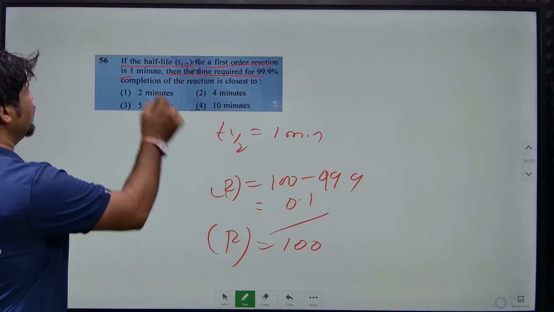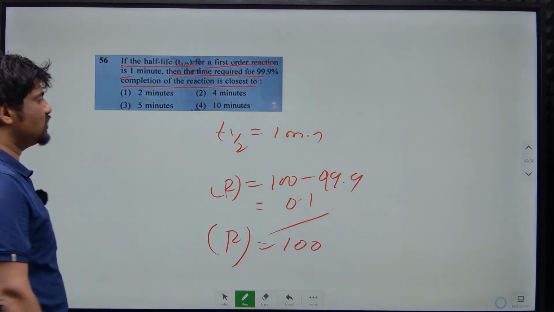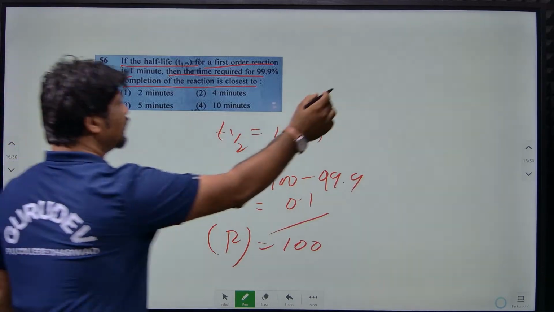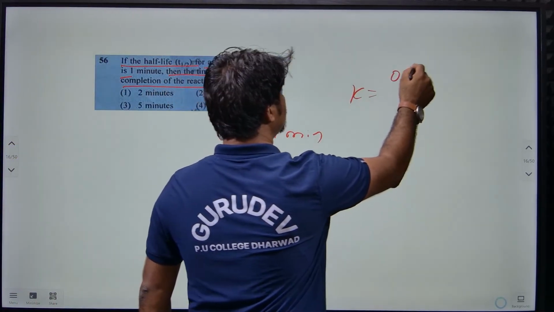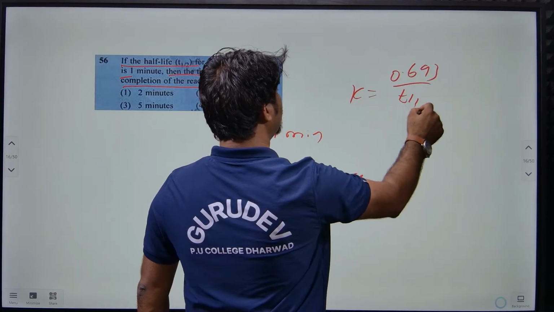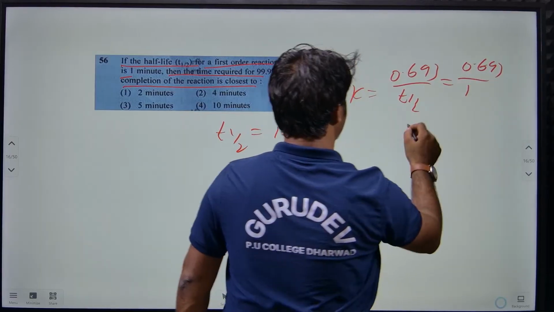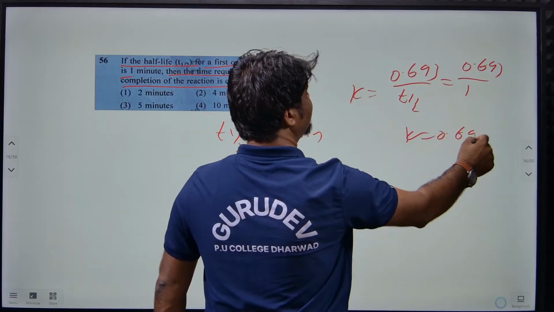Then the 99.9% completion of the reaction is closest to. So now take the K value, that is K is equal to 0.693 divided by t1/2, which is equal to 1, so 0.693.